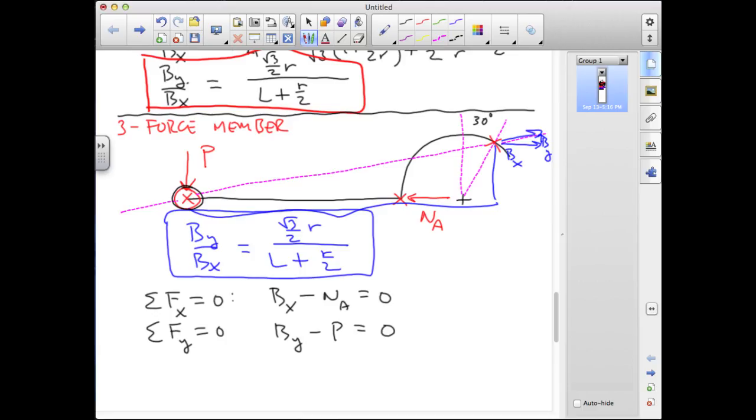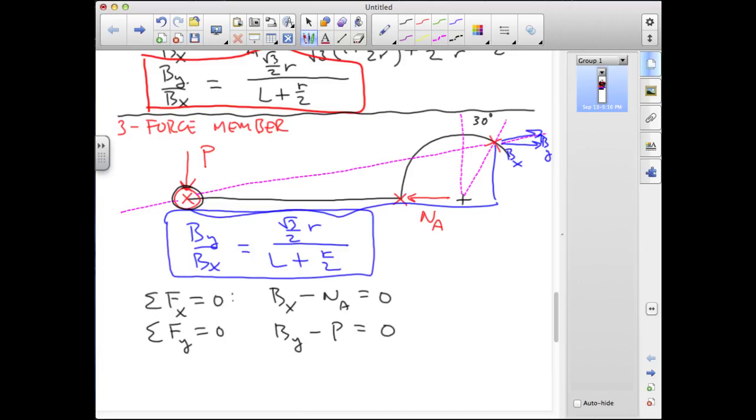Two comments about this. The first is it was relatively easy in this problem to identify the point of concurrency, but in many three-force member problems it's much more challenging than that. So for all the savings in work I might have achieved by not having to write the moment equilibrium equation, I might have that much more work again in just identifying the point of concurrency.